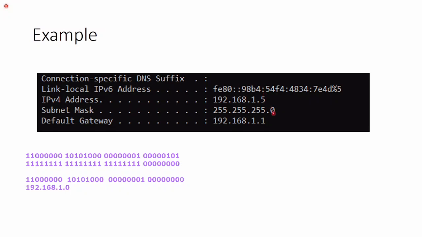From doing an AND operation between these two, any router can figure out the network address, then find where that network is and route the packet there. So either you have a clear cut of network IDs at this point, or you use some network bits from here. By doing this operation, you can clearly find the network address. That is the use of the subnet mask. I hope it is clear.